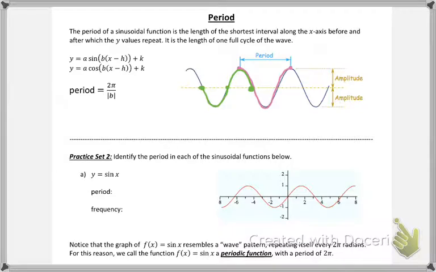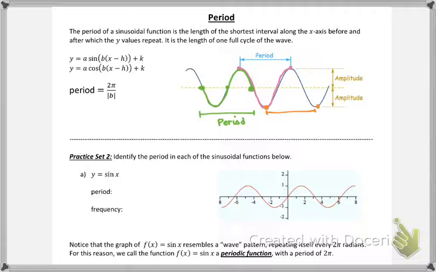Okay, so from here to here is also one period, and it is the same as this distance that we measured up top. So the easiest way to see it might be to pick two high points, and the distance between them horizontally is your period, or to pick two low points before it repeats, and this is also one period. So that's how you identify what a period is on the graph.